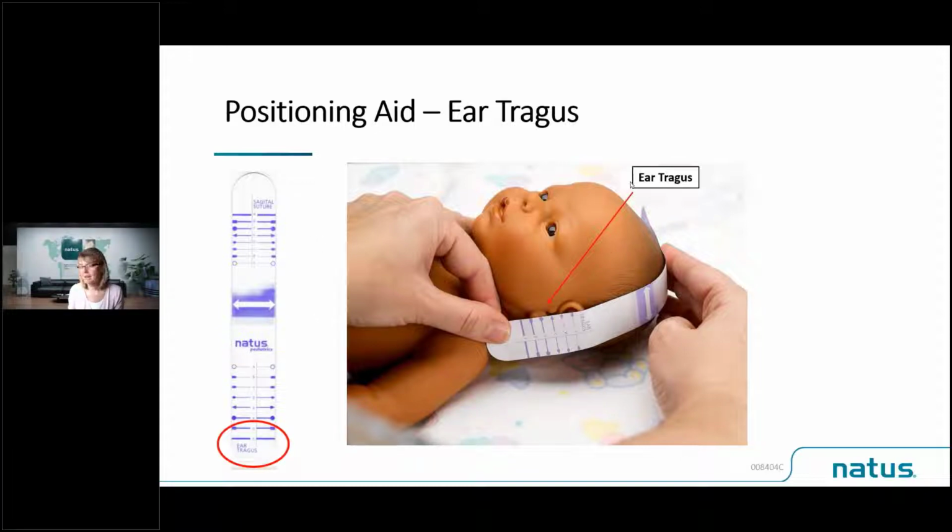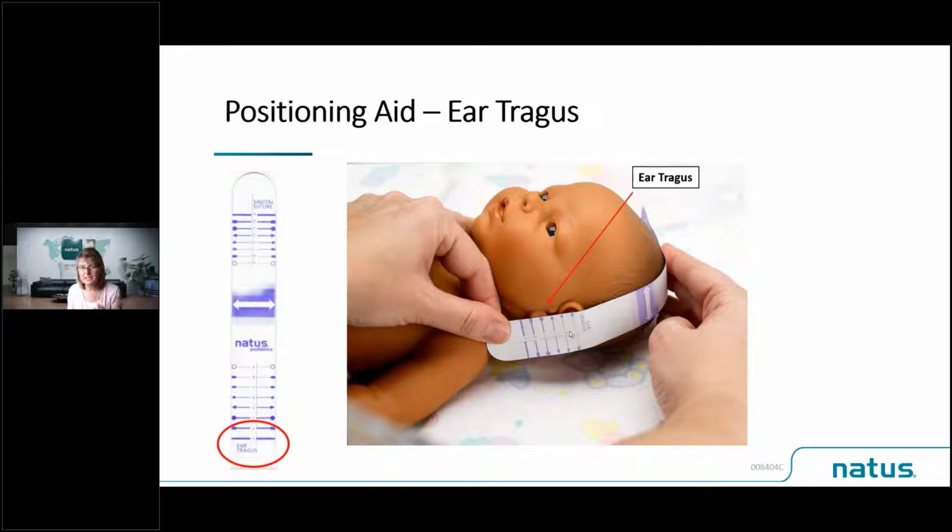Now, what we want to do is line up the positioning aid across the baby's head. So the ear tragus is next to the ear tragus, which is that small cartilage piece at the front of the ear, and the sagittal suture points are at the sagittal suture, the middle part of the baby's head.